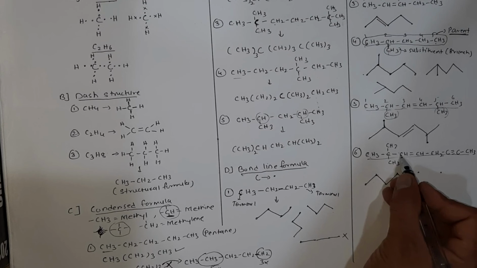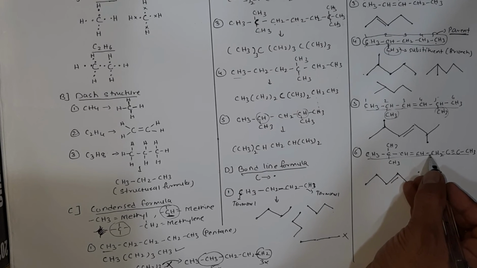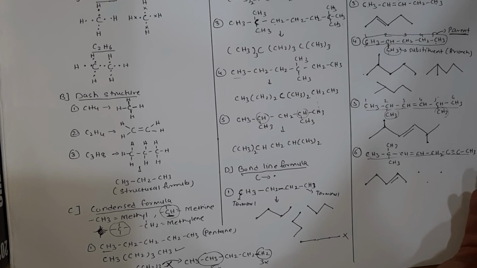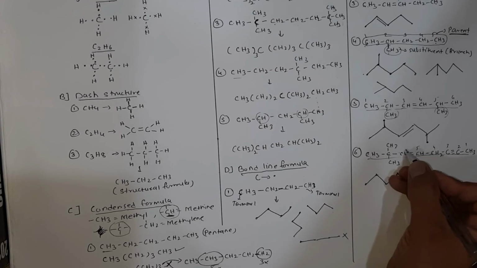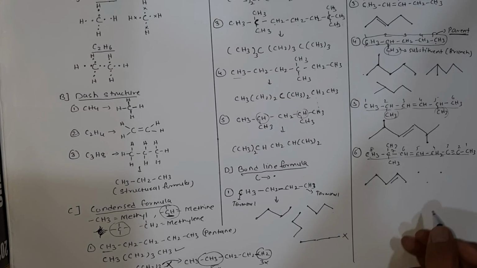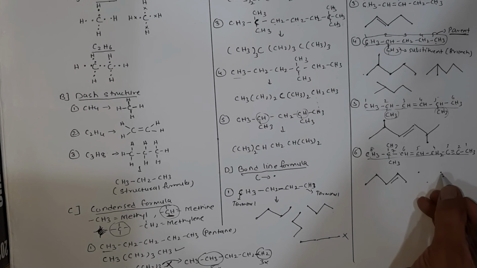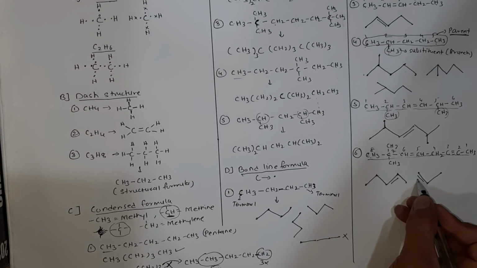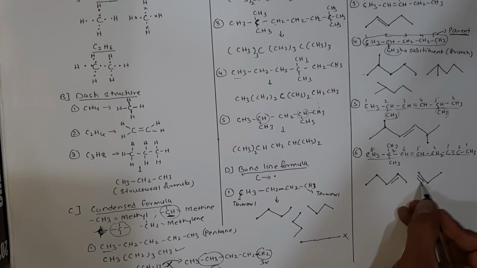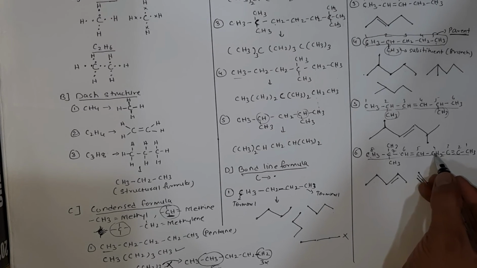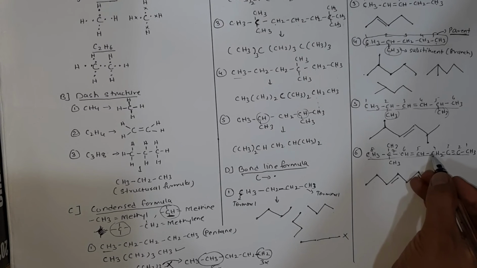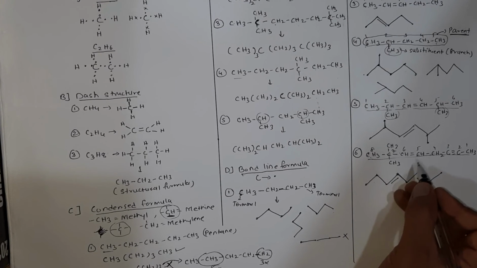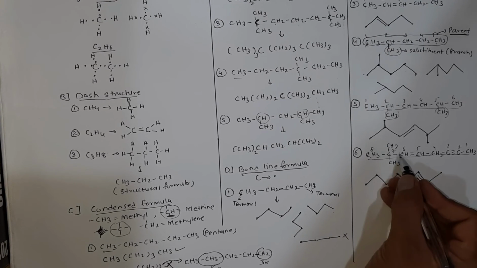So if I number it from the left hand side, 1, 2, 3, 4, 5, 6, 7, 8, you can start from here too. First and second single bond, second and third triple bond. Make a triple bond, not a problem. Then third and fourth single bond, fourth and fifth single bond, fifth and sixth double bond, sixth and seventh single bond.